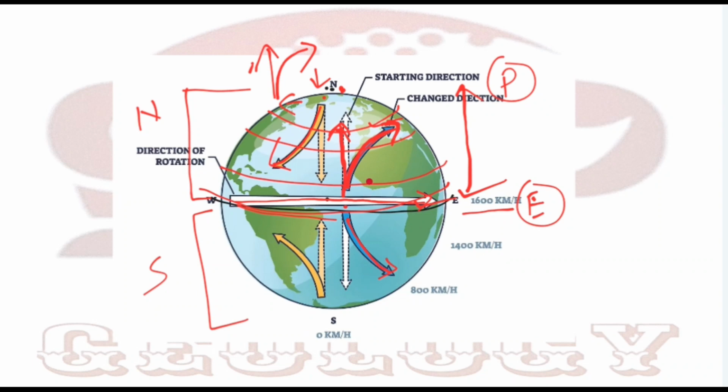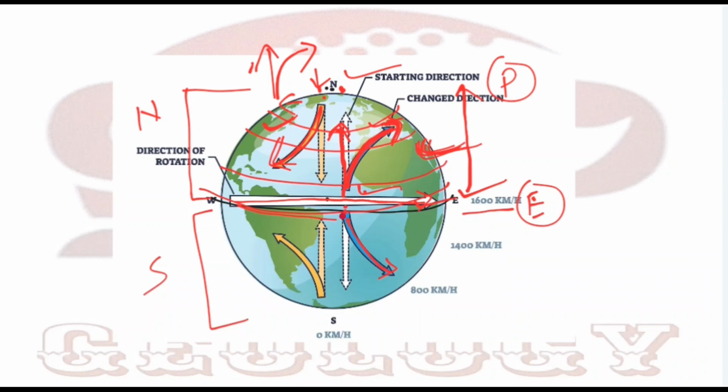If you are standing facing north, this side will be your right side. If you are standing and facing south, this side will be your right side. So in the northern hemisphere, it will always deflect towards the right side.